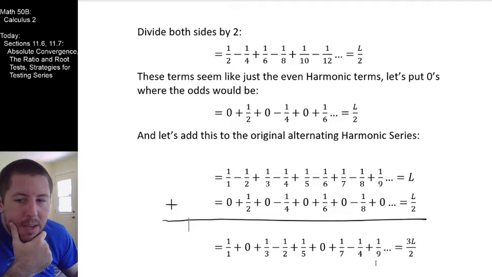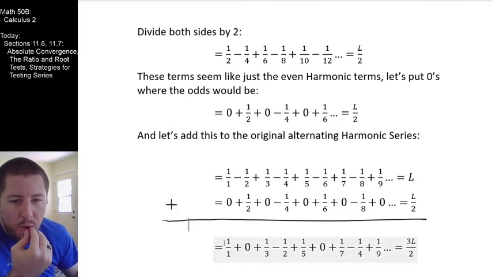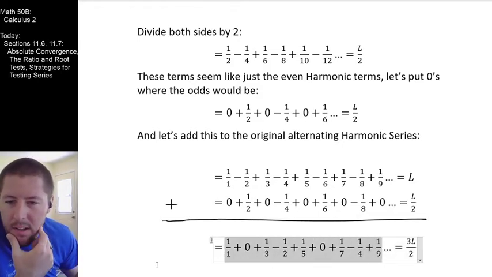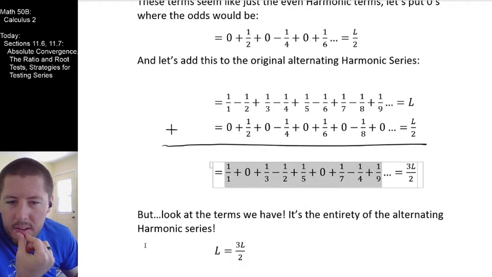It seems like I'm getting back a bunch of terms I'm recognizing, but do they follow the right sign pattern? Positive 1, negative a half, positive a third, negative a fourth, positive a fifth. We're going to get a negative a sixth out there, positive a seventh, negative 1/8 way out there, positive 1/9. It seems like this is exactly the alternating harmonic.